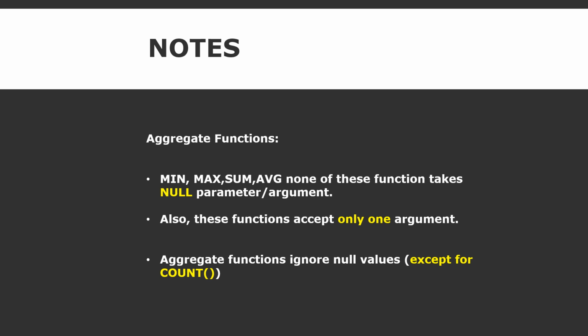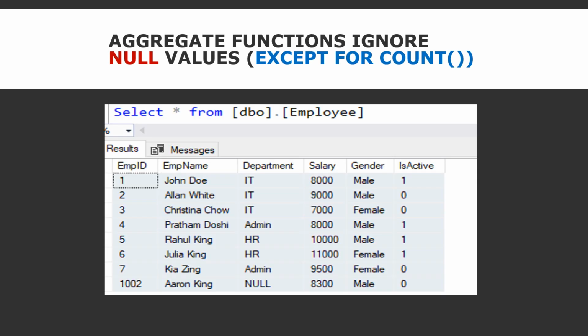So if you are doing a sum of values in a column, and if there is a null value, the function will ignore it. But what is this statement? Except for count. So count will not ignore the null value, and we'll see an example of it.